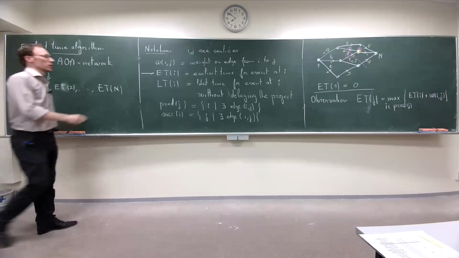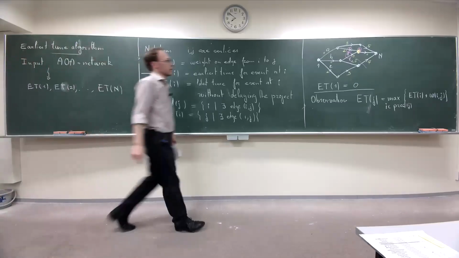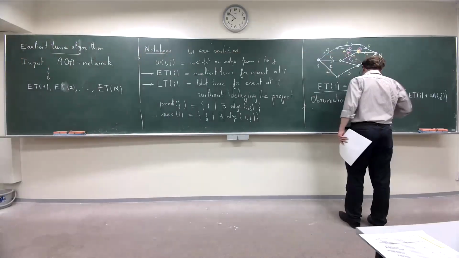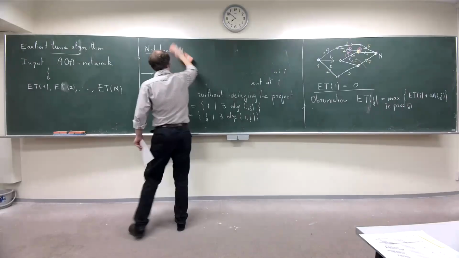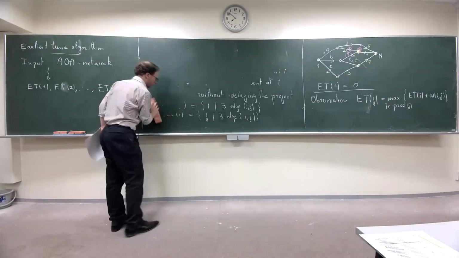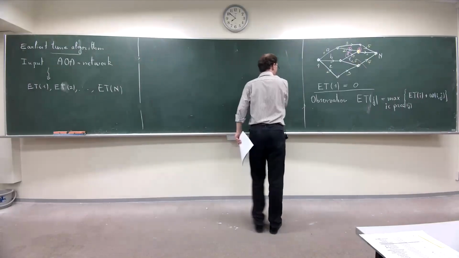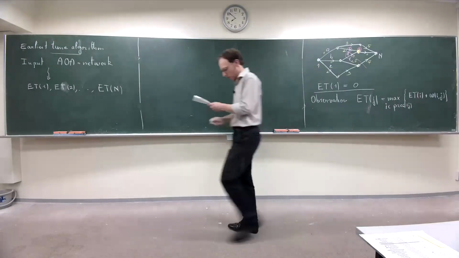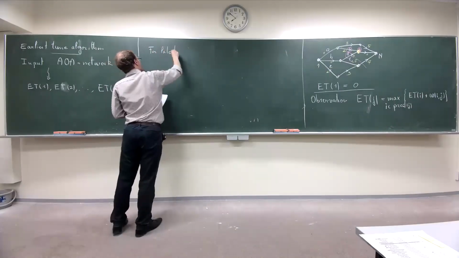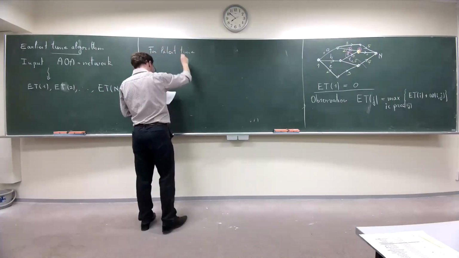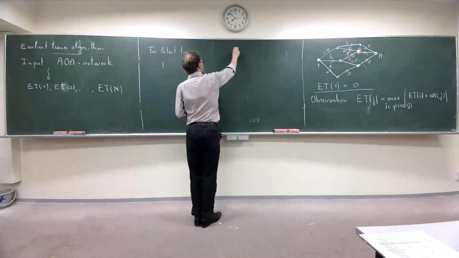Now you want to compute the latest time for all of them. So I need to replace this formula by something similar, but for the latest time, which needs a few more minutes to understand what is going on. Earliest time is not difficult. For latest time, I give you a formula. Let's just do the picture.